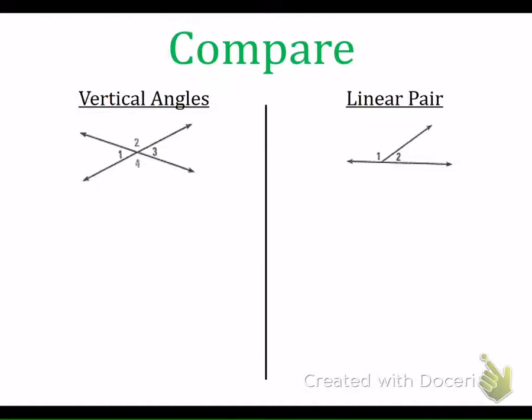So here's an example of vertical angles. The vertical angles here are the ones that are not right next door. So we have two lines that intersect. The ones across from each other are vertical angles. So angle 1 and angle 3 are vertical angles. Okay?